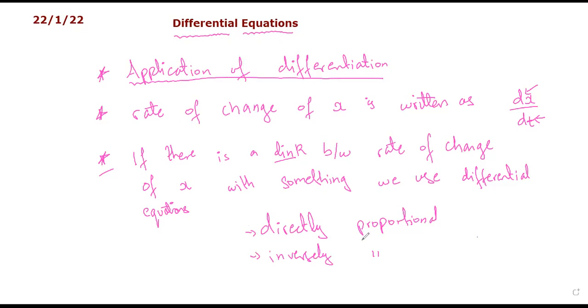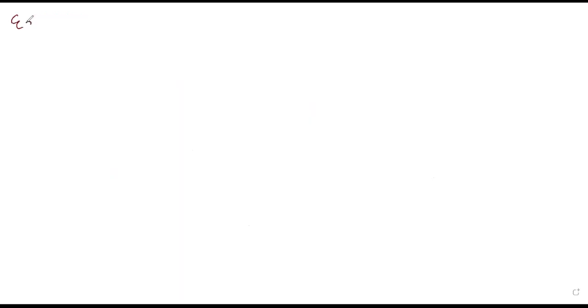We'll talk about an example and then you'll get a better idea. So I will rub all this and let me just write down the example. This is the first example, and this chapter is very small, so we'll only be needing 1.5 classes for this.